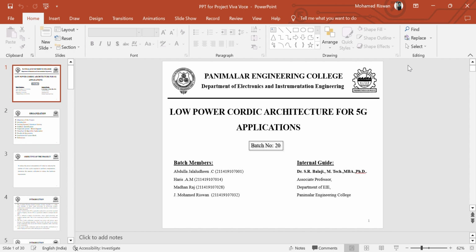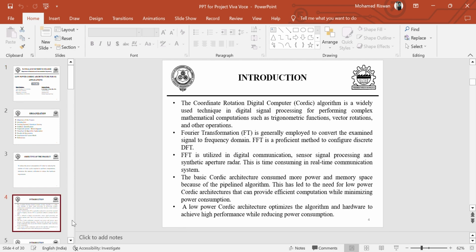So, an introduction to the CORDIC architecture. It's widely used in digital signal processing for complex computations such as trigonometry and vector rotations. FFT is also generally seen in DSP, digital signal processing. So that's the major application here. Low power architecture means optimizing the algorithm and hardware. The hardware should achieve high performance while reducing power consumption.